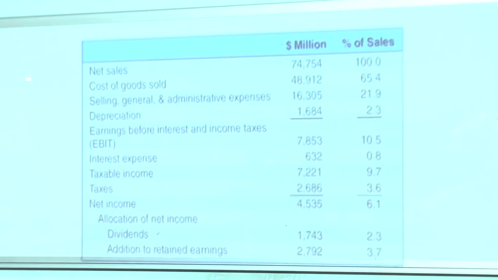That's very important, operating income. EBIT minus interest expense is equal to the taxable income, and you pay tax on top of that, and that is equal to net income.